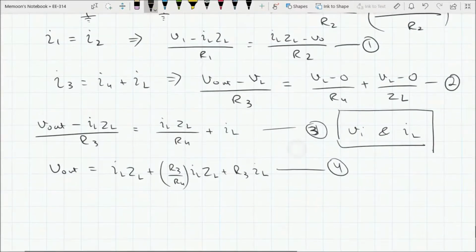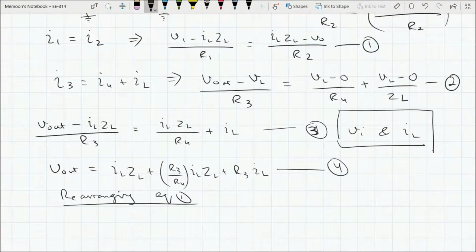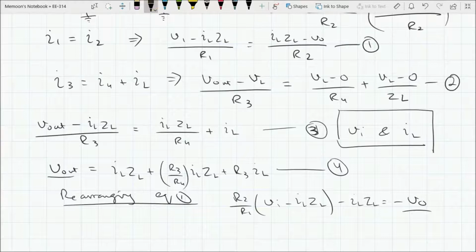And now rearranging equation 1, we get R2 over R1 into Vi minus IL ZL minus IL ZL is equal to negative V out. Now equate these two.